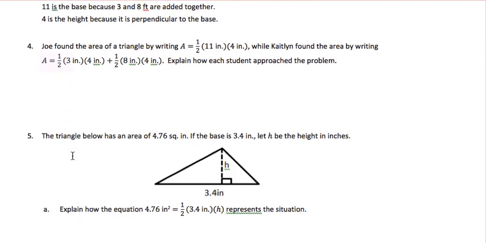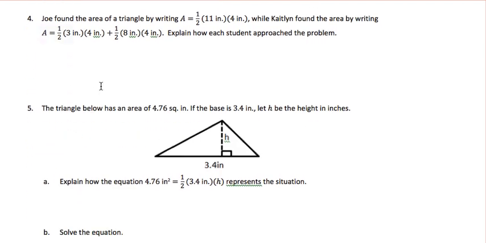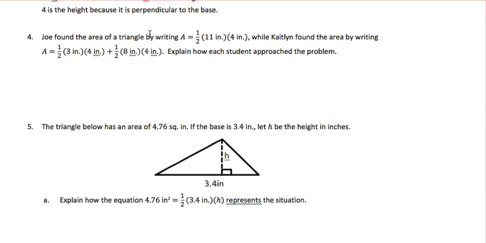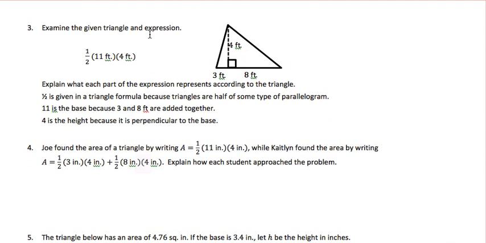Okay, number 4. Joe found the area of a triangle by writing 1/2 times 11 times 4, while Caitlin found the area by writing 1/2 times 3 inches times 4 inches plus 1/2 times 8 inches times 4 inches. Okay, if we look at this triangle again, we see Joe found the area by multiplying 1/2 times 11 times 4, which is the total dimensions of the base times the height.